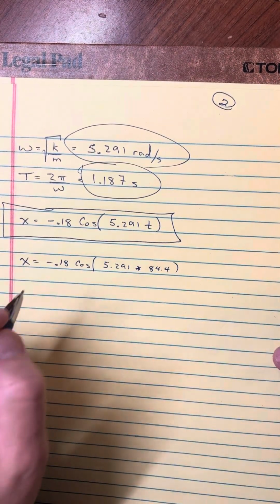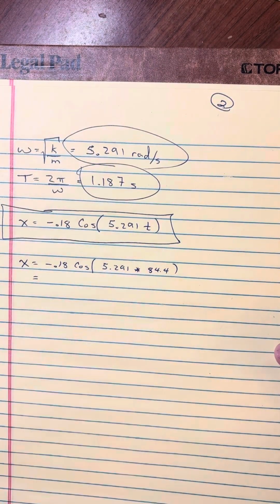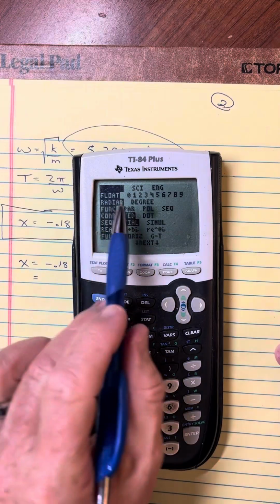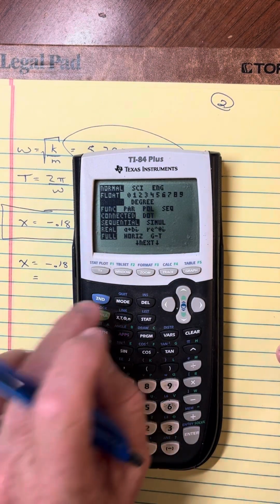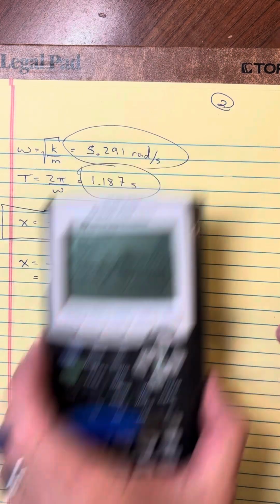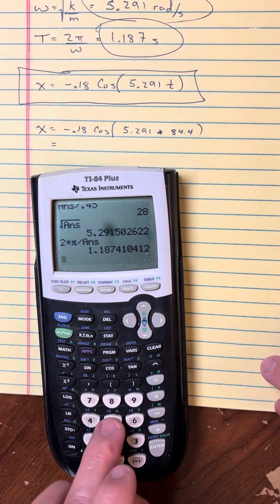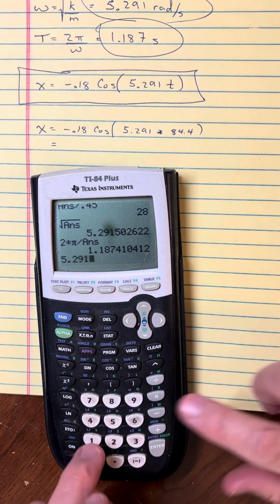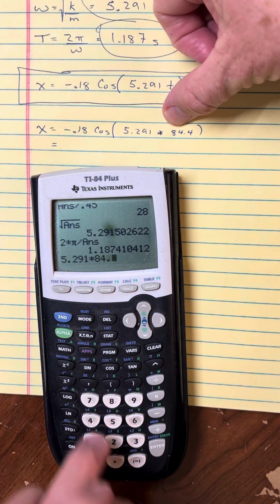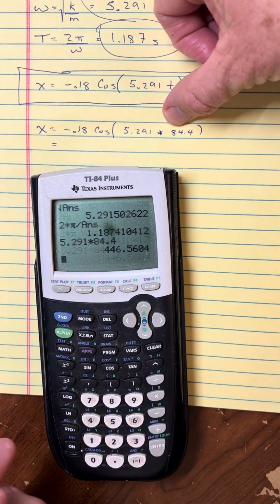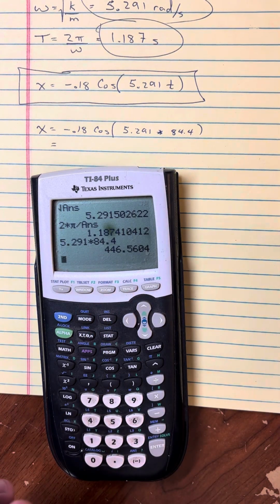All right, so I'll get that by just putting in 84.4 seconds. Now, since these are all in radians, I better make sure my calculator is in radians, which it looks like it already was. Good. So I could put the 5.291 for the angular frequency, and then the time of 84.4 seconds gives me 446.56 radians.